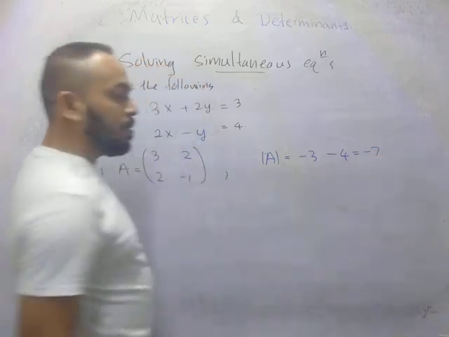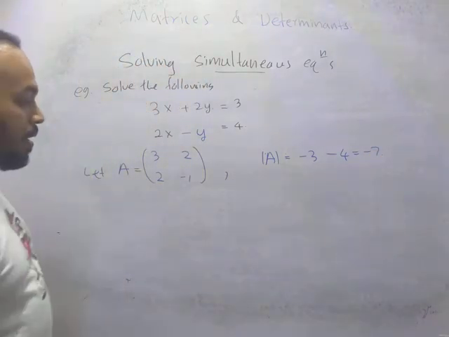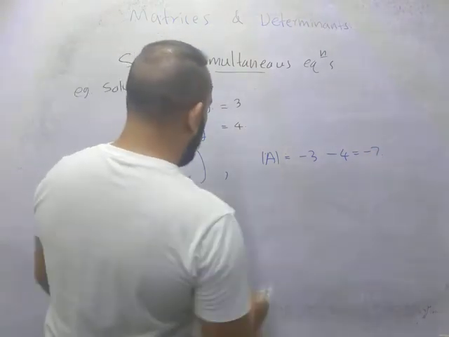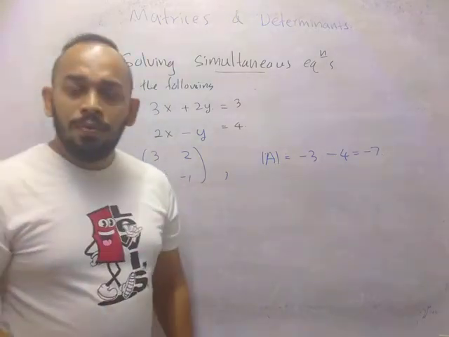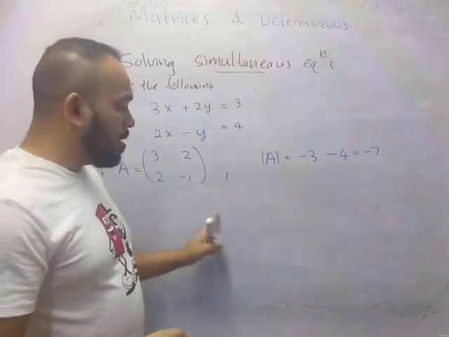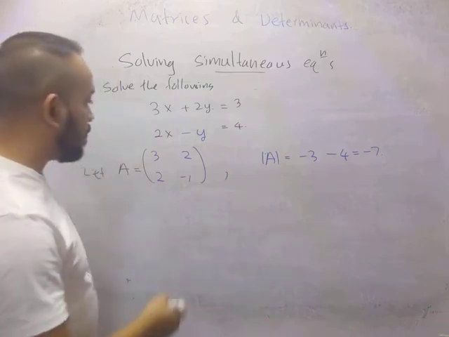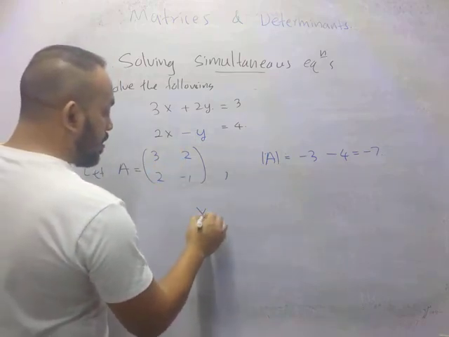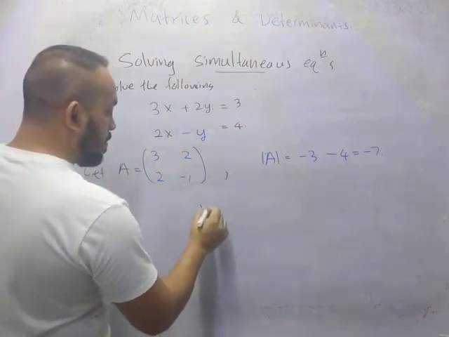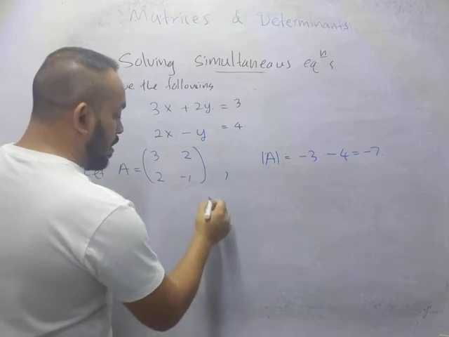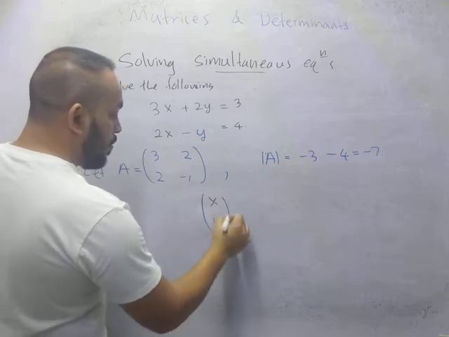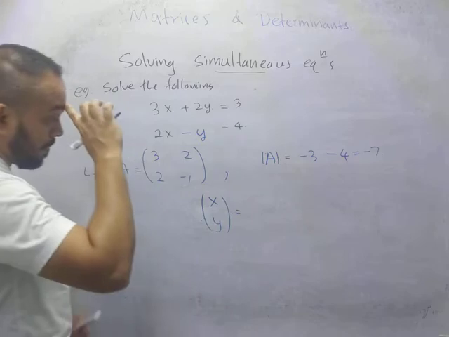Yes, this is non-zero. Then you can find the inverse matrix from this. So you don't really have to find the inverse matrix. You can just solve for X, the x y matrix, equal.